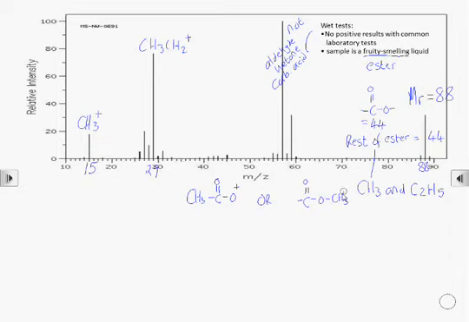So that's 44 for the ester group and 15 for the methyl. So that's going to be a peak at 59 if that's one of the fragments. And there it is in the spectrum, so we can assign that peak to either CH3COO or COOCH3. We don't know yet which way round that's going to be.